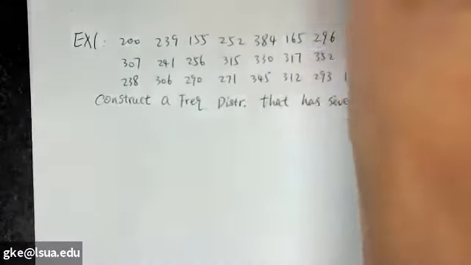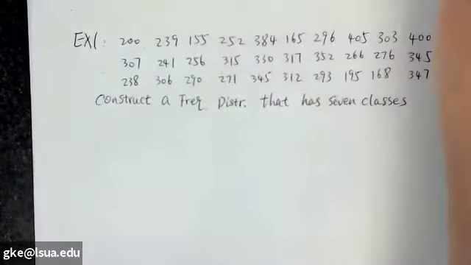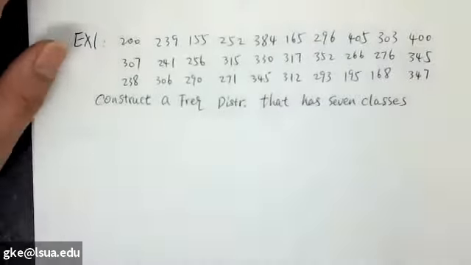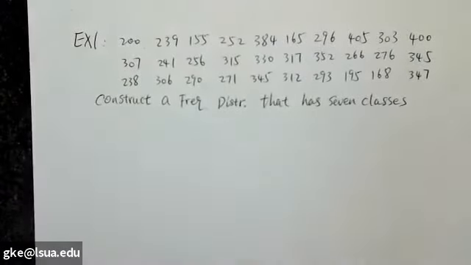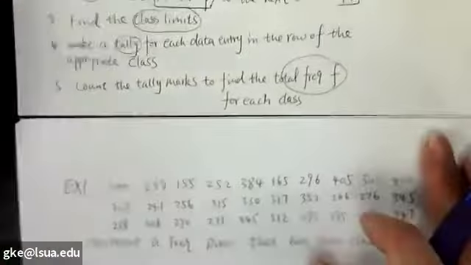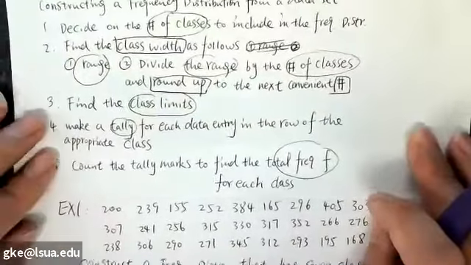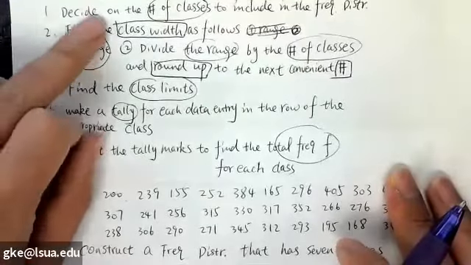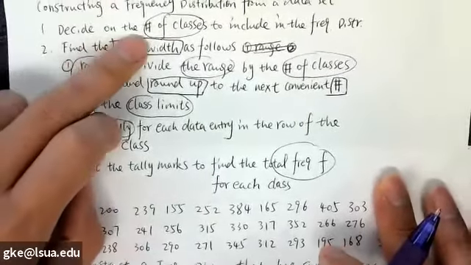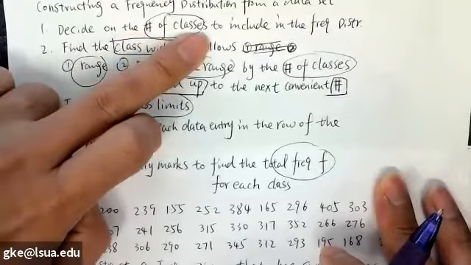Now we're going to follow the procedure. We have 5 steps. Let's follow these 5 steps. The first step, we need to decide on the number of classes.